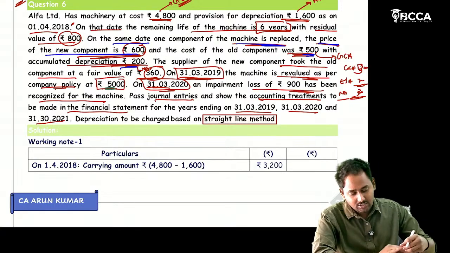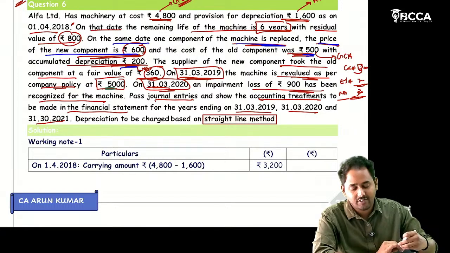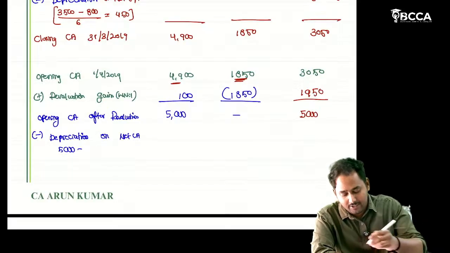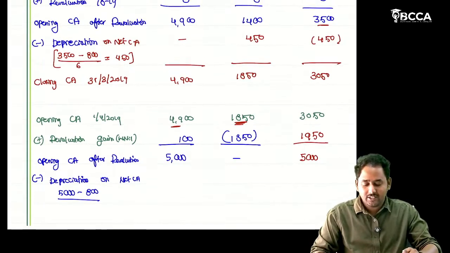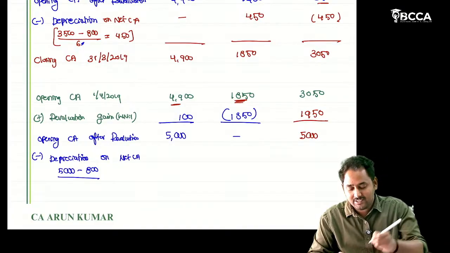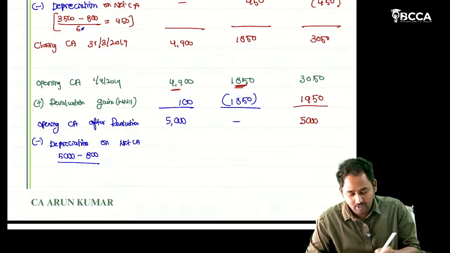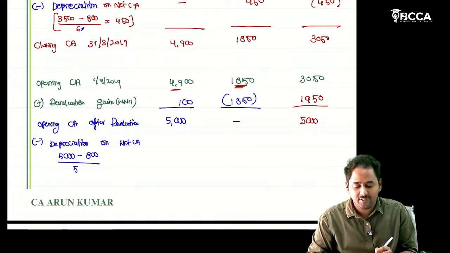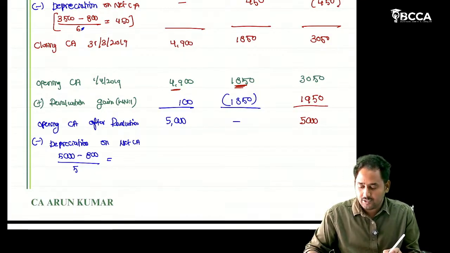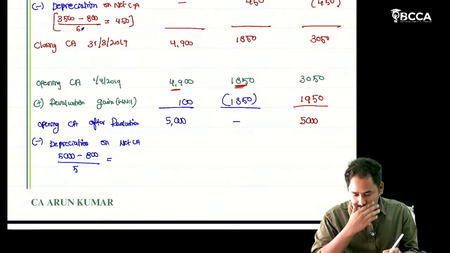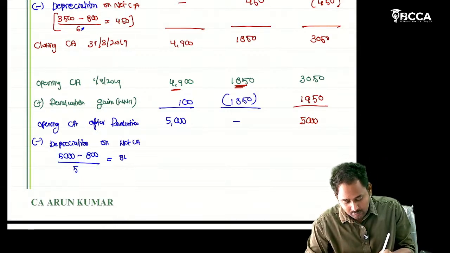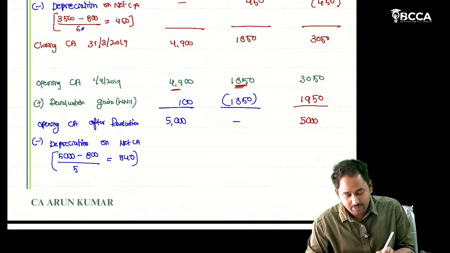There is no change, right? So 5000 minus 800. How many years are remaining? Already here it is 6. Now 1 year is expiring. Remaining expected useful life is 5. Tell me the depreciation.